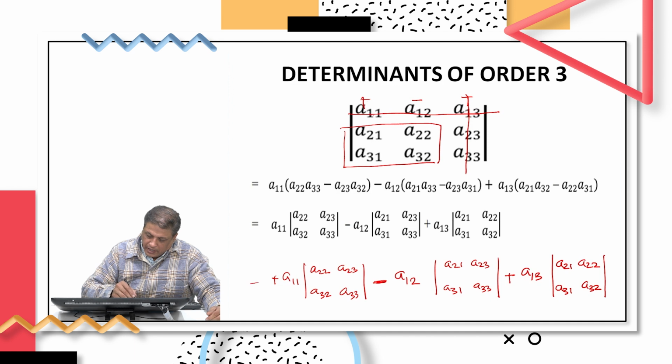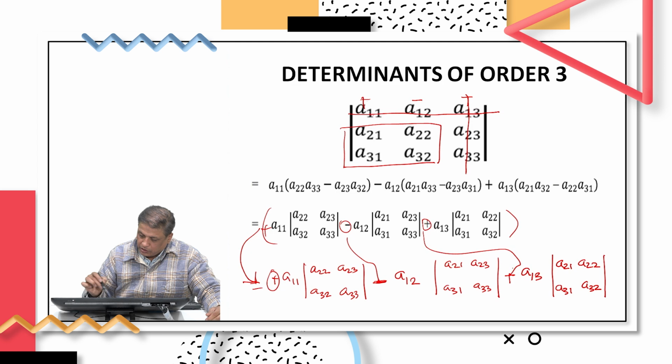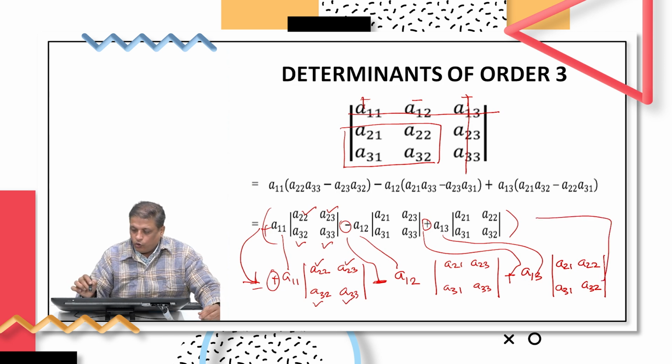So you can see that the determinant is actually this expression: A11 with its determinant positive, A12 with its determinant negative, A13 with its determinant positive. I hope you understand how you solve this determinant to this expression.